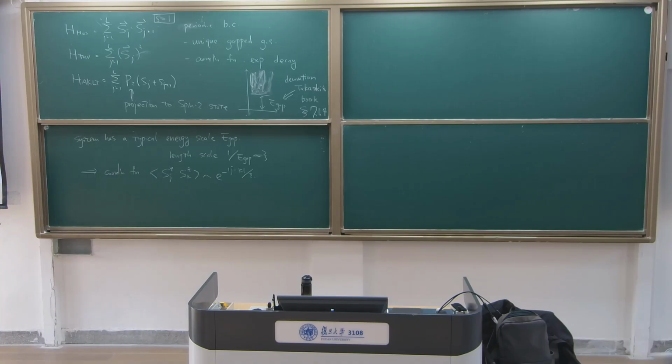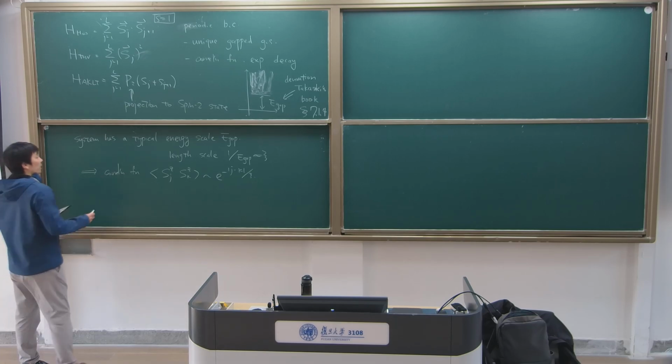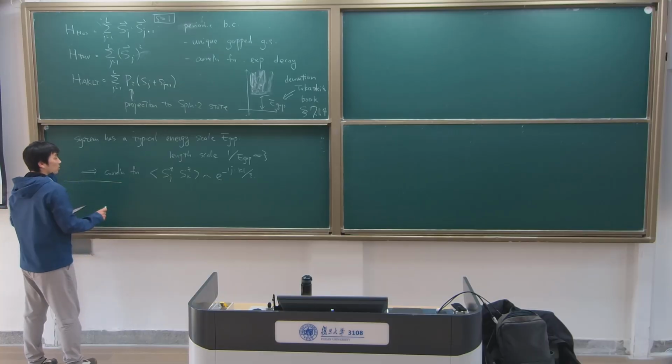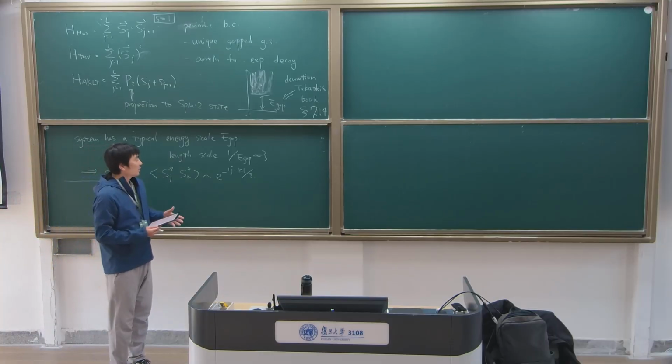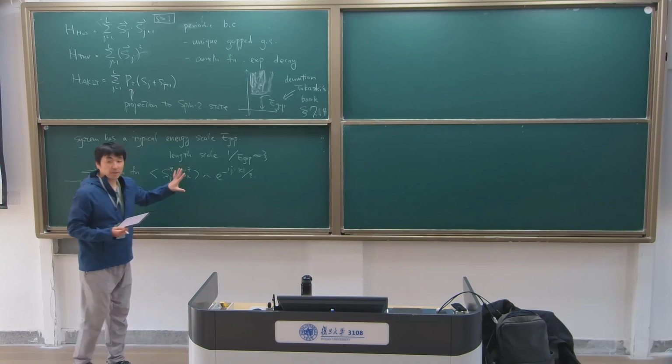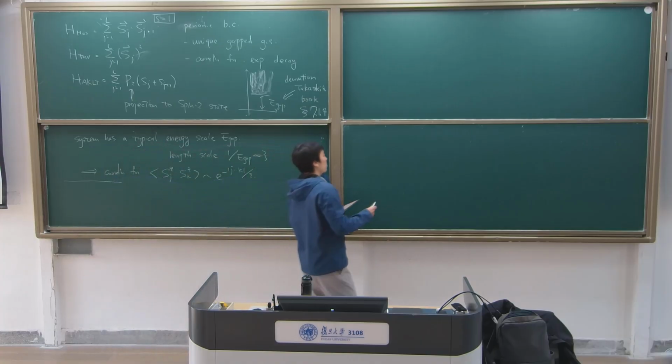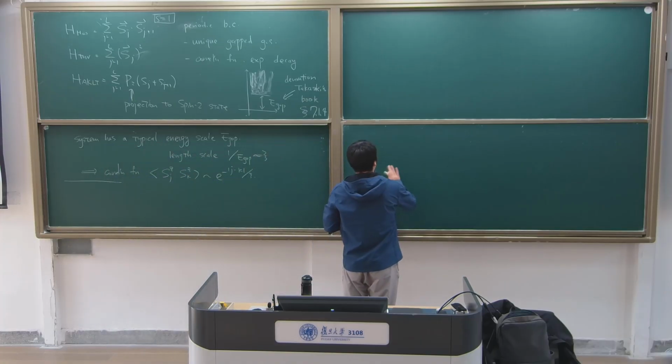So this is the usual physical consequence: if you have a gap, the correlation function is exponentially decaying. On the other hand, gapless. So using matrix product states, last time I showed this one, which people asked me about.